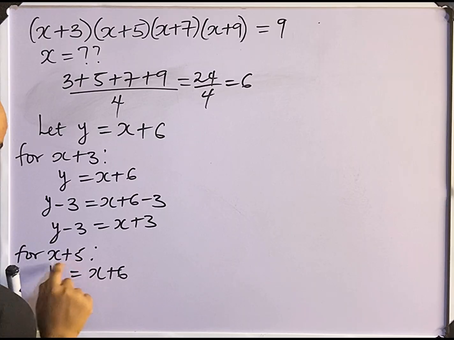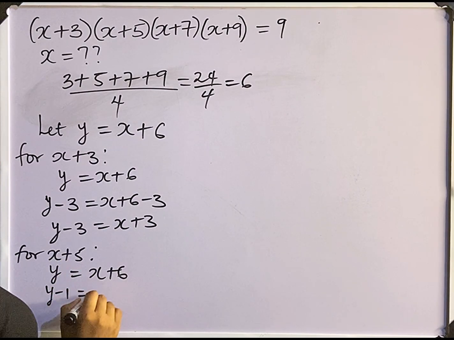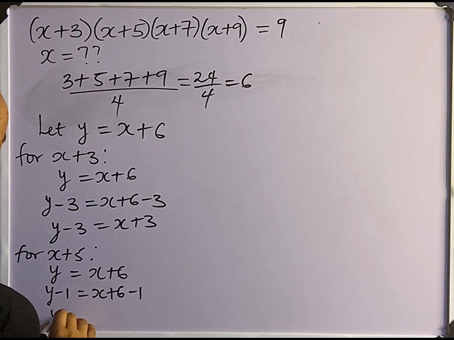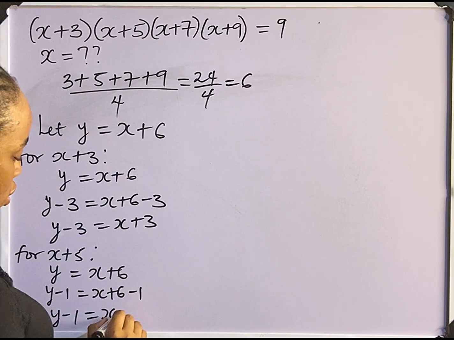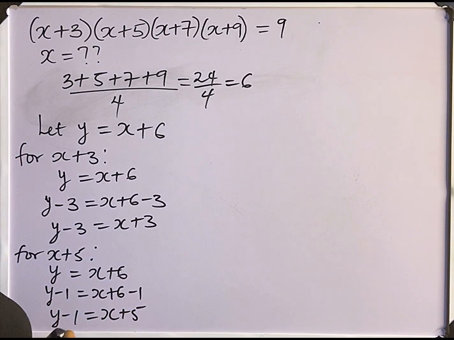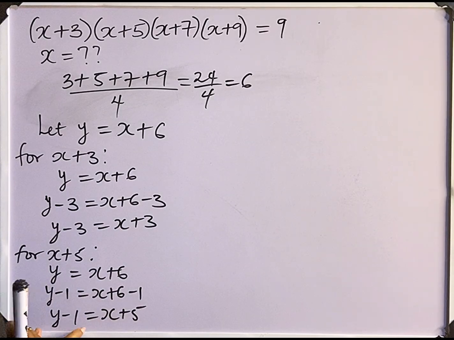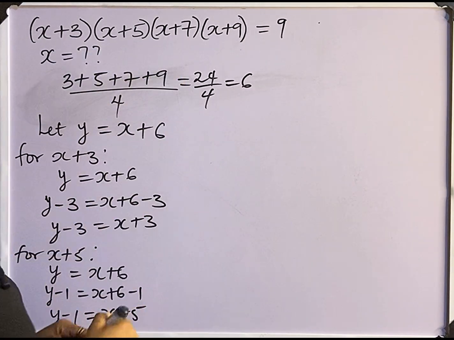So I'll have y minus 1 equals x plus 6 minus 1, and 6 minus 1 is 5. So I have been able to write x plus 5 in terms of y. Instead of x plus 5, I'll have y minus 1.